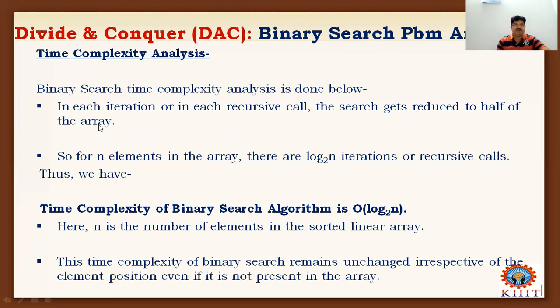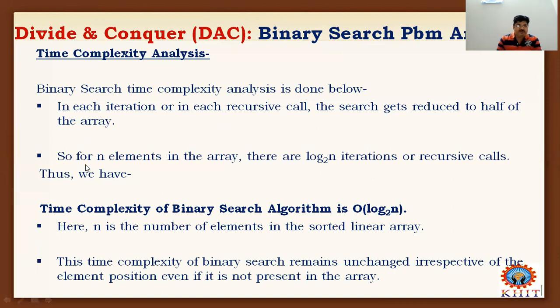Take a textbook: the first time, we can search all 500 pages. The second time, we can search 250 pages. The third time, 125 pages. The fourth time, 64 pages. So in each iteration, the array size is divided into two halves, and the search is reduced to half of the array.